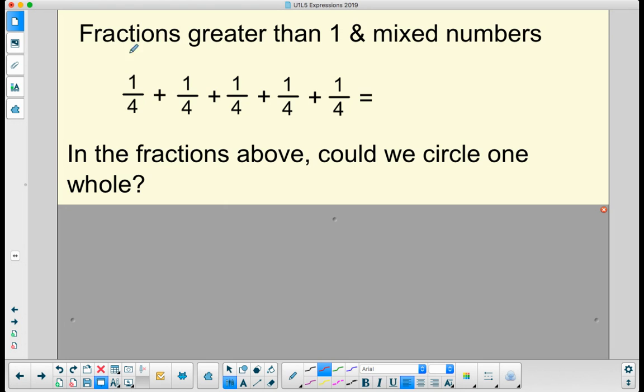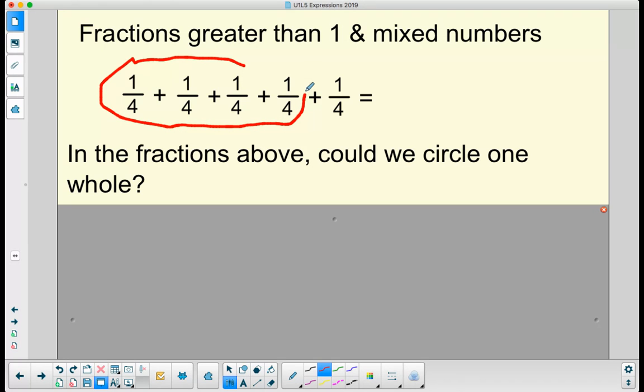Now we're going to take a look at fractions greater than 1 and mixed numbers. In the fraction above, could we circle one whole? How many fourths make a whole? That's right, 4. So I can circle 1, 2, 3, 4 fourths as being one whole.